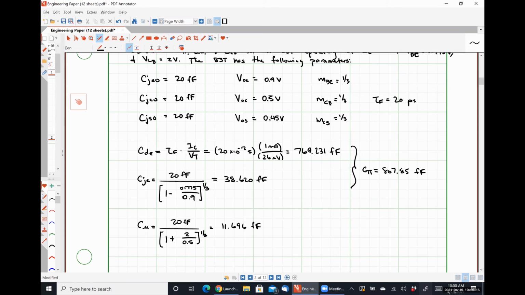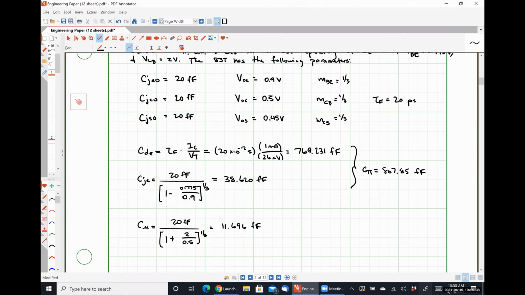femtofarads. Who can tell me why I have a minus sign in my CJE and a plus sign in my C mu equation? Right, so effectively the forward biased one is going to have the negative sign, the reverse biased one is going to have the positive sign.